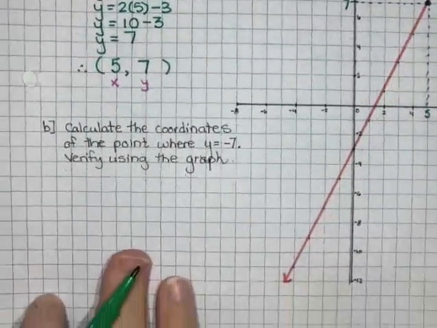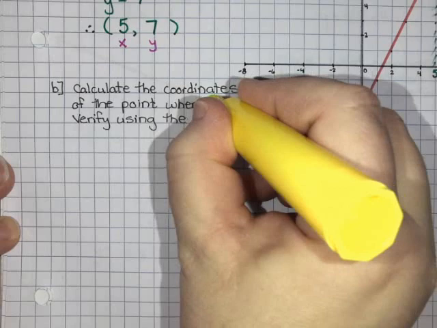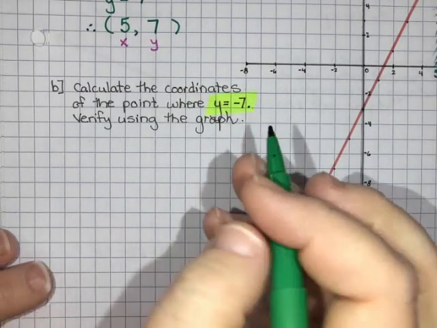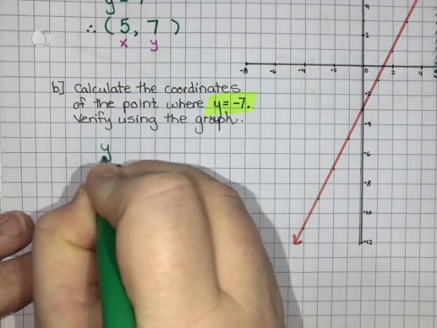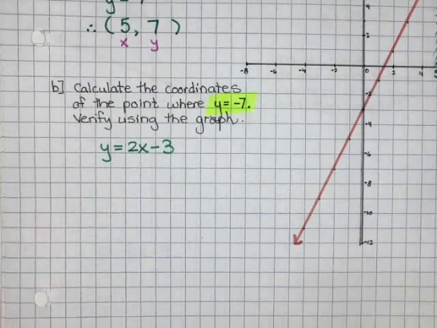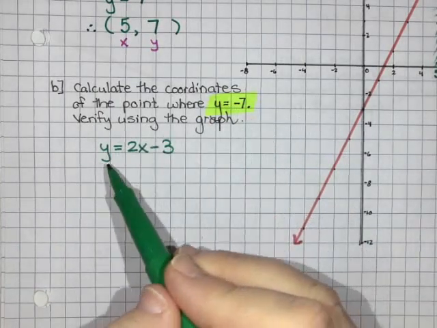Now the second question says calculate the coordinates of the point where y equals -7. This time they didn't give us the x value, they gave us the y value. So I'm going to start with my equation, y equals 2x take away 3. But this time, instead of putting the number in for x, we're putting the number in for y.